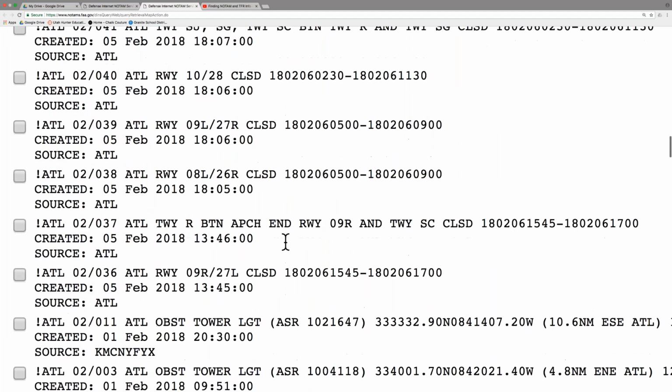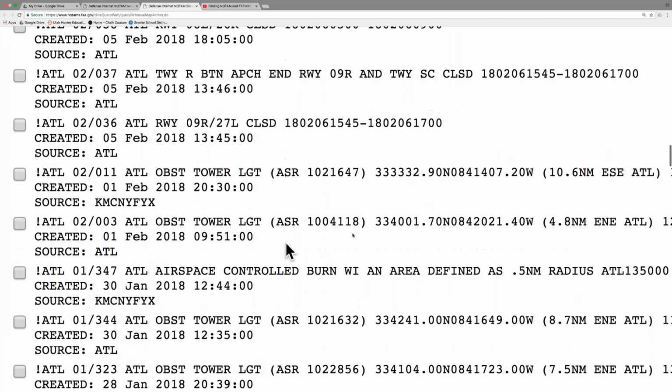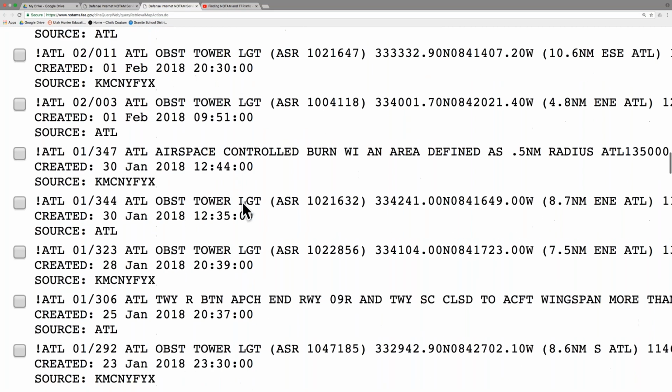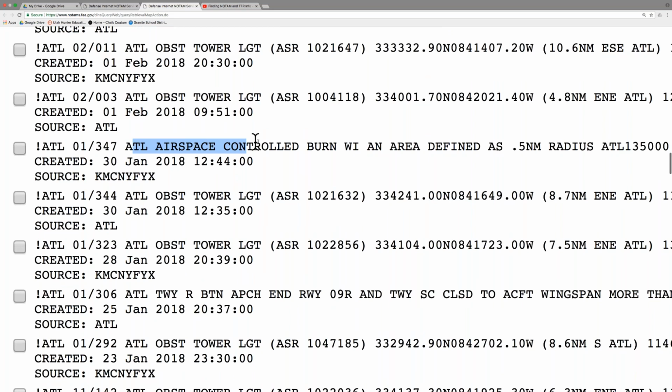So let's get a little more tricky here. What if we see this airspace keyword? Is that something we'd have to worry about?